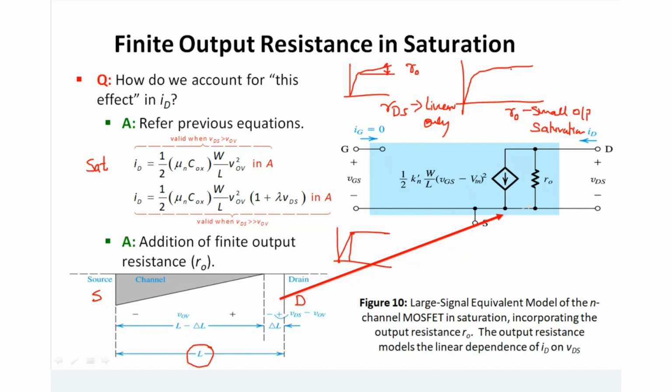Because drain current is constant, even though you increase VDS, there is no further change in the current. It remains constant. That means there is no dependency of ID on VDS.